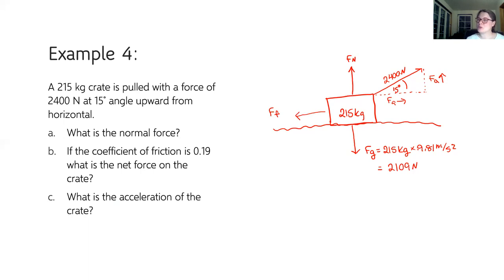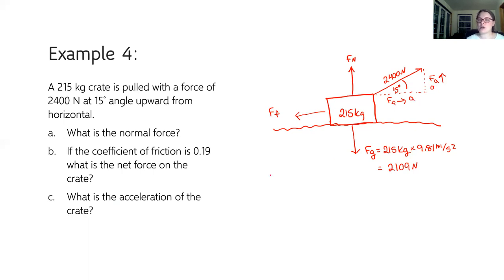How much of it is up and how much of it is right? This is where we're going to use trig. Really easy. You can see our hypotenuse is my whole force. The up force is related to it, and that makes sense. And it's related to the angle. So let's just think about our simple trig. We have the adjacent side and we have the opposite side.